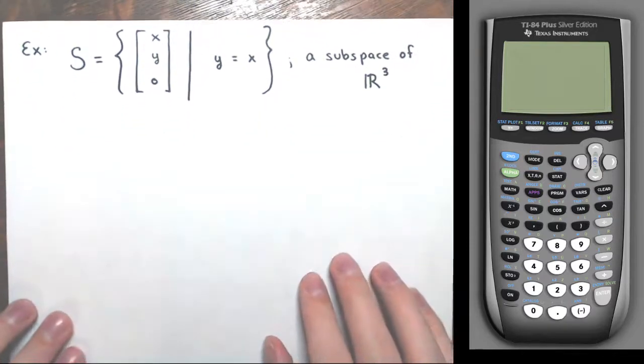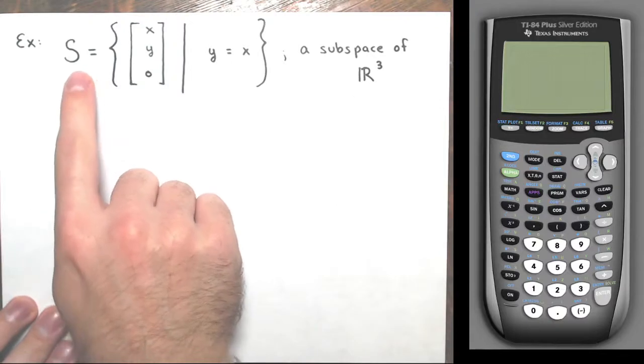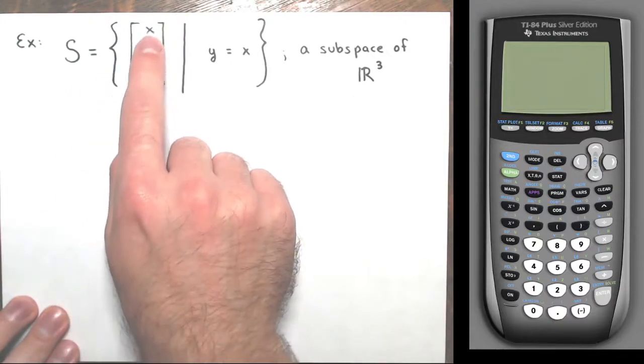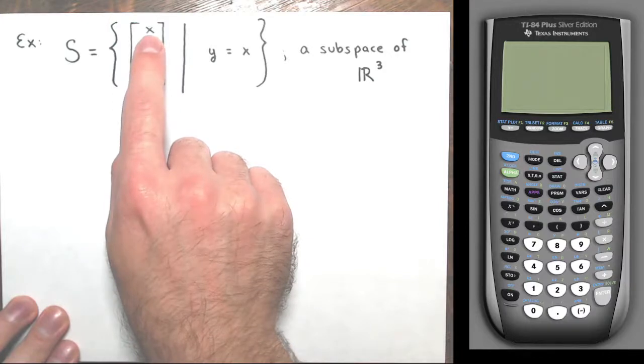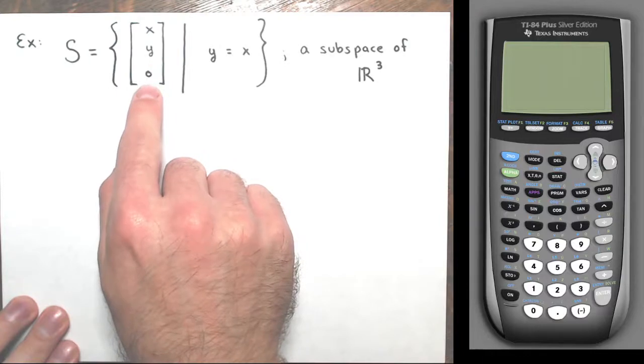All right. So here's another one. Now this time I have a subspace of R3. So S equals this set of vectors with three components. The first component is some number x, the second component is some number y, the third component is always 0.